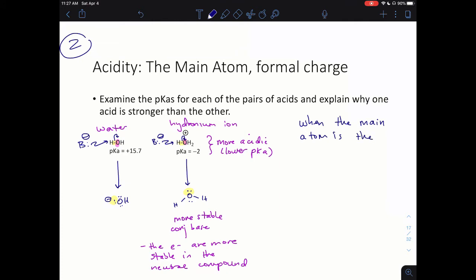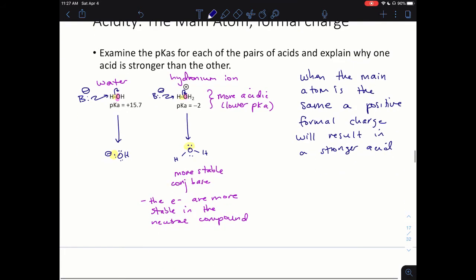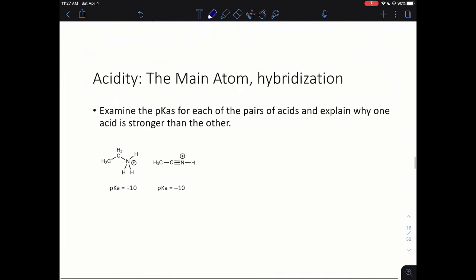So when the main atom is the same, a positive formal charge will result in a stronger acid. Excellent. Okay, two factors down. A couple more to go.